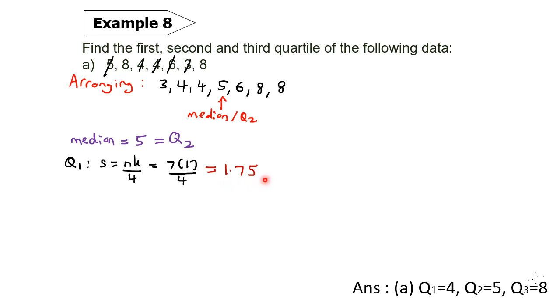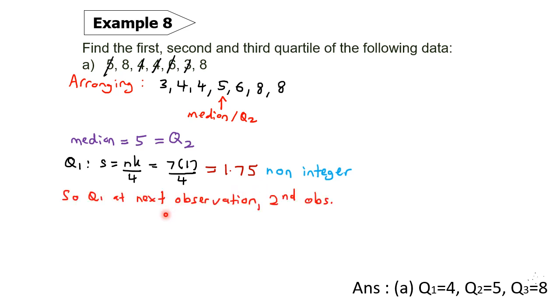If you refer to the notes, 1.75 is a non-integer. So since 1.75 is a non-integer, we choose the next observation. So next after 1.75 would be the second observation. From the second observation, 1, 2, this is the second observation. So our first quartile would be 4.